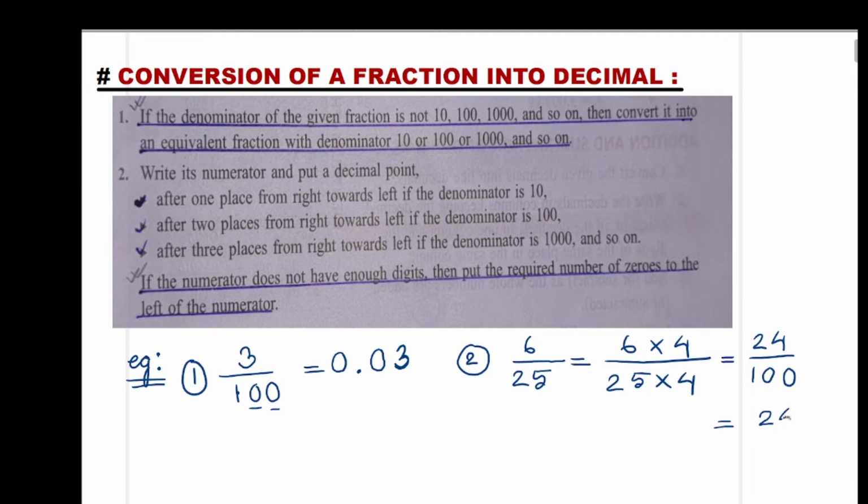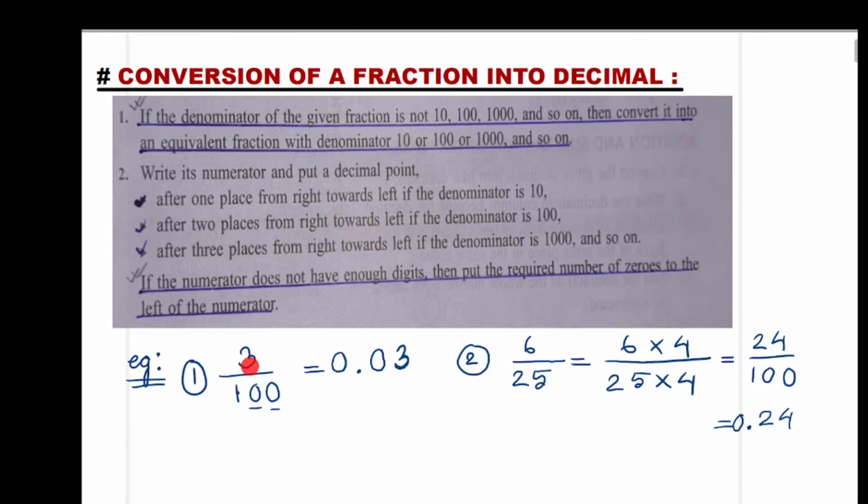Simply write the numerator. And in the denominator how many zeros? 2 zeros. So that means before the 2 digits from the right hand side, we have to put the point here. Before that no digit, put 0. Understood? So if the numerator does not have enough digits, then put the required number of zeros to the left of the number. Okay, this already I have done.